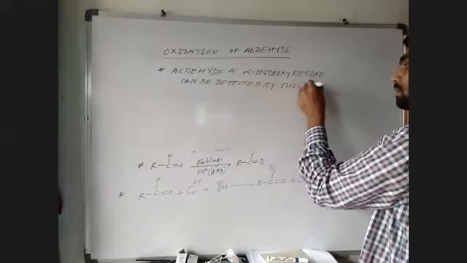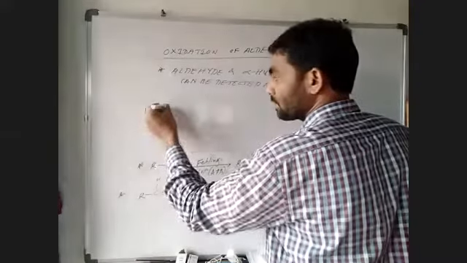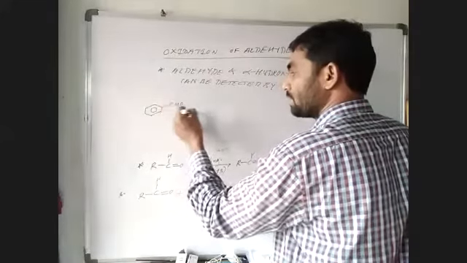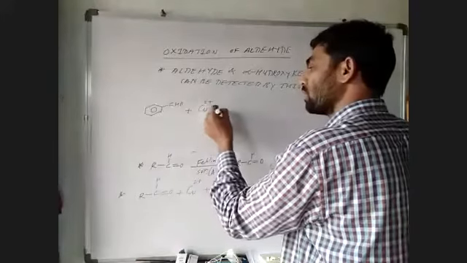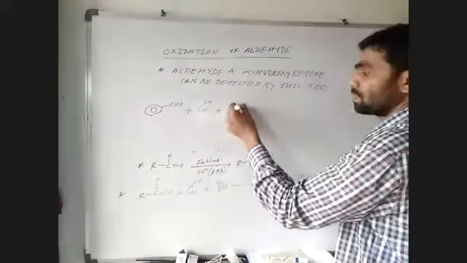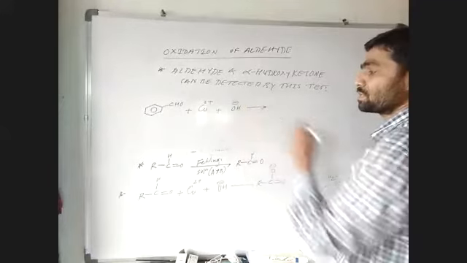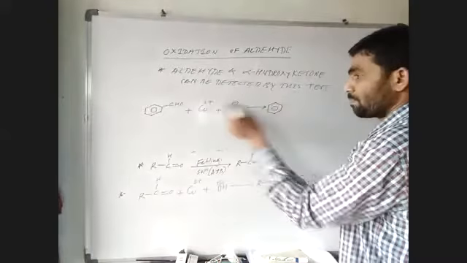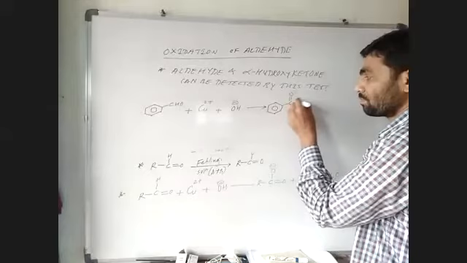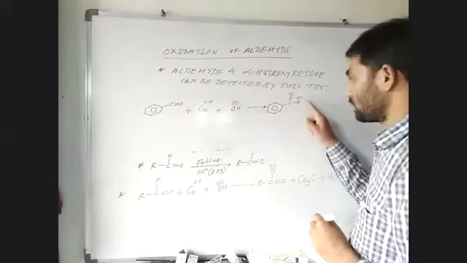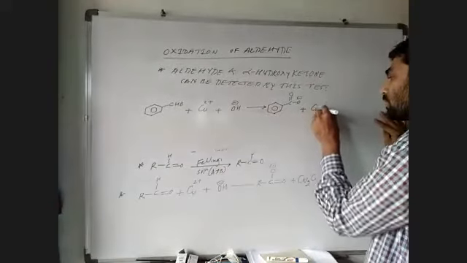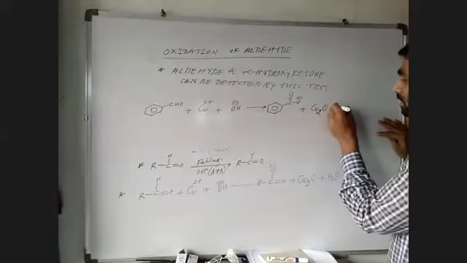If we take benzaldehyde, this is the benzaldehyde, and we are using copper ion and adding basic condition, try to write the reaction. Benzaldehyde becomes benzoate ion. This can be sodium benzoate. This copper becomes oxide, and this also gives water.